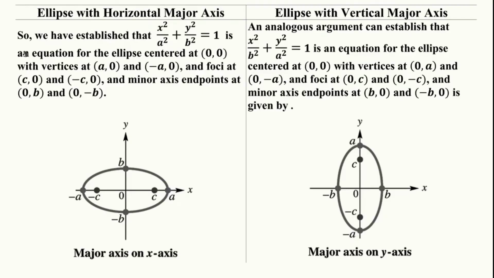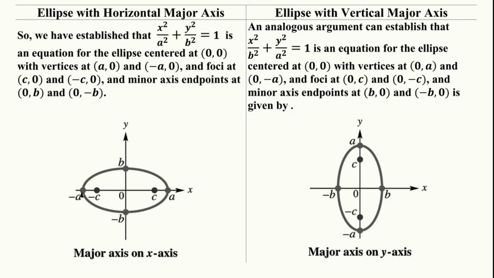All right, to summarize, we have established that if we have x squared over a squared plus y squared over b squared equals 1, then it's an equation for an ellipse centered at (0, 0) with vertices at (a, 0) and (negative a, 0), foci at (c, 0) and (negative c, 0), and minor axis endpoints at (0, b) and (0, negative b).